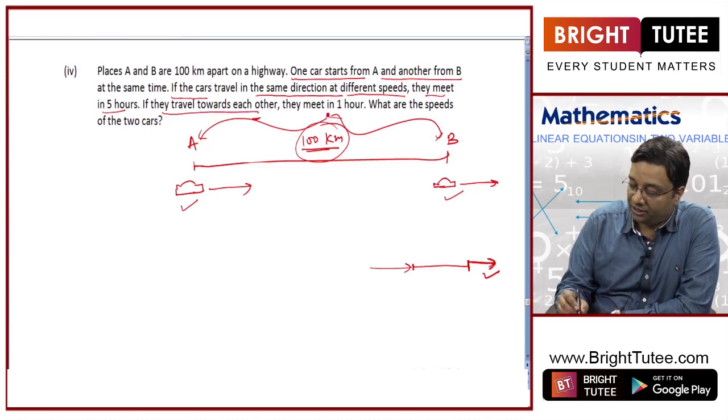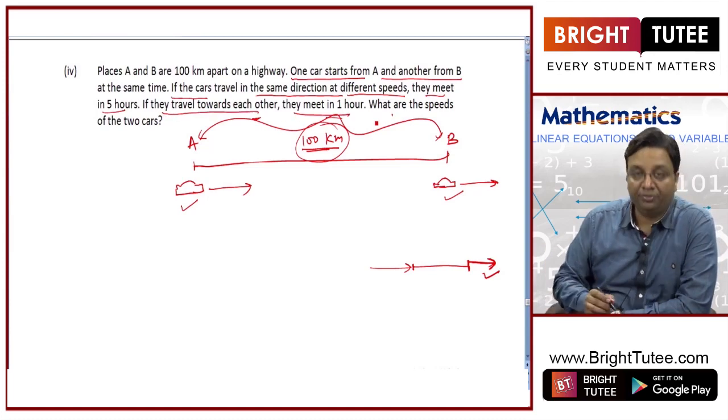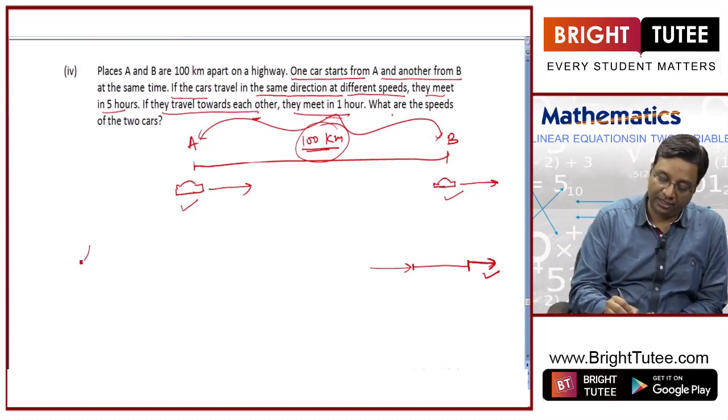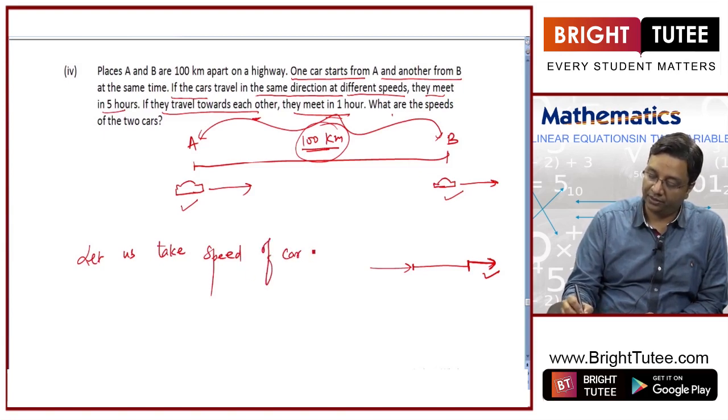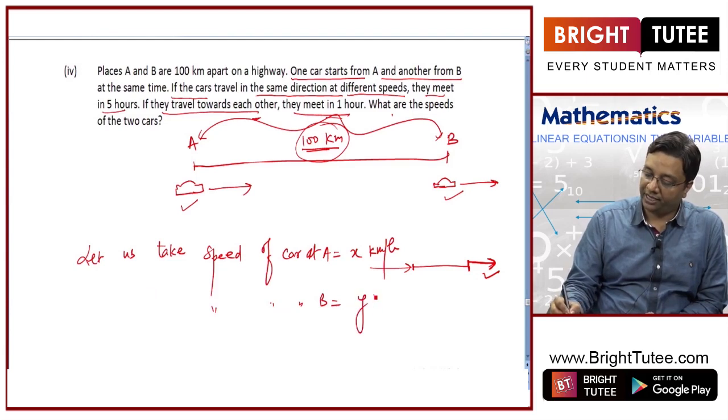If they travel towards each other, they meet in 1 hour. What are the speeds of two cars? Let us assume speed of car at A is x kilometer per hour and speed of car at B is y kilometer per hour.